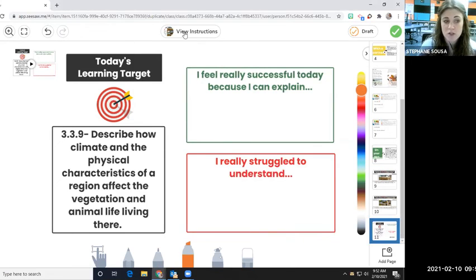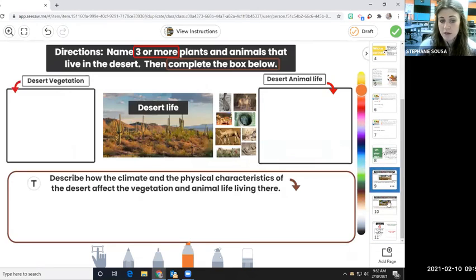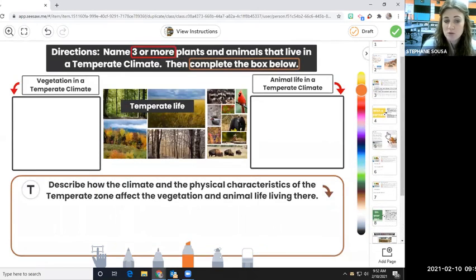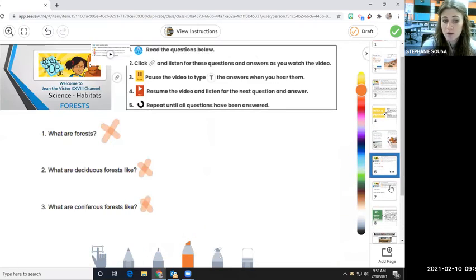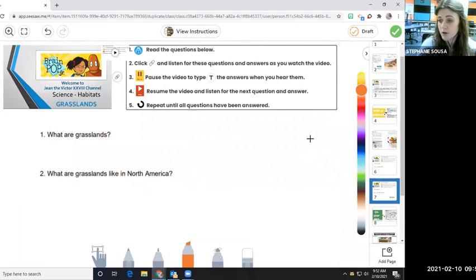All right, so this is your independent work. That's what you're going to complete independently. If you did not get done with your partner work, but you still want to work with a partner, it might be a different partner because your partner might decide to leave, but you can stay on Zoom and I will set up new breakout rooms, okay? All right, that's it, kiddos. That's what you're going to accomplish.